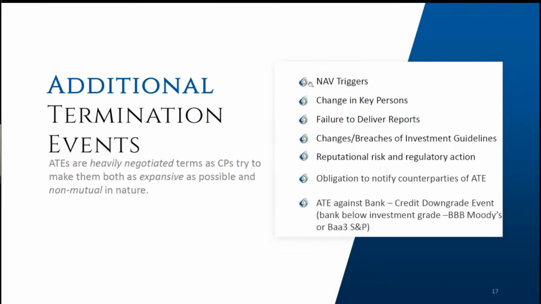The most common one is the NAV triggers, the NAV decline triggers, which we're going to discuss in much more detail in the next few slides. But essentially, a NAV trigger is where the fund's NAV has been adversely impacted. That should give rise to the right for the bank to terminate the ISDA.